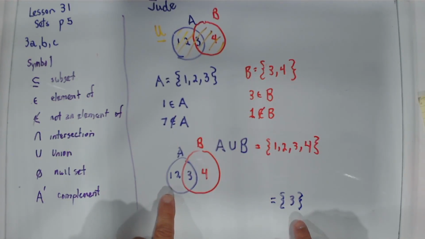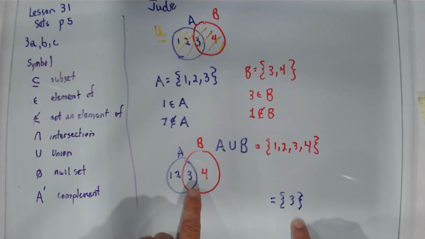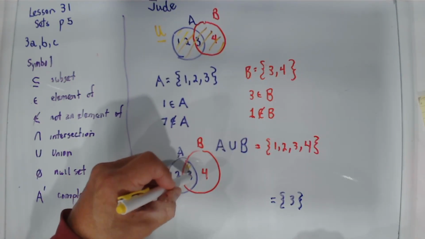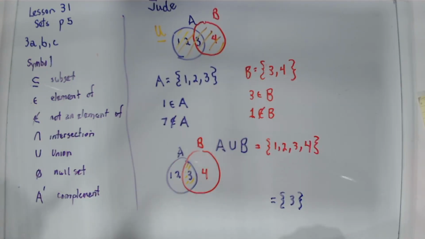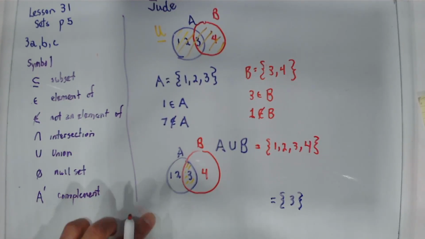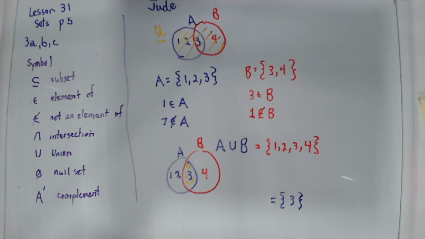If we look at our diagram here, what can you see? Well, we see A is made up of 1, 2, and 3. B is made up of 3 and 4. So when you're looking at this, we're looking at what is in both A and B. So we want the elements in A and B. So I'll write that down.